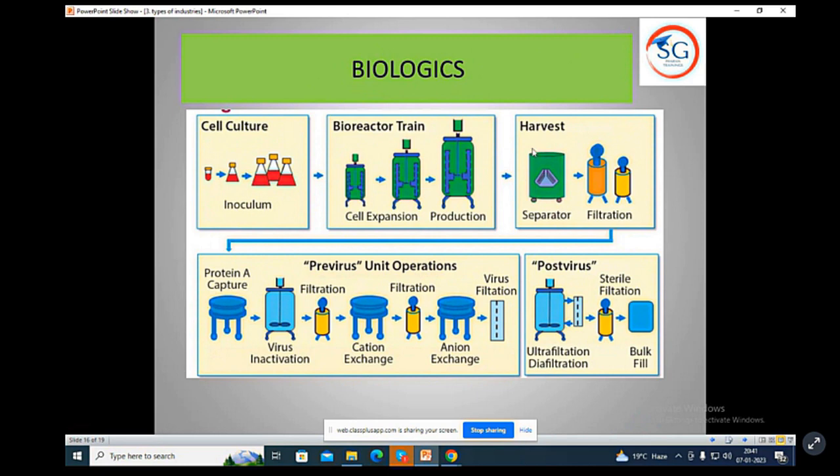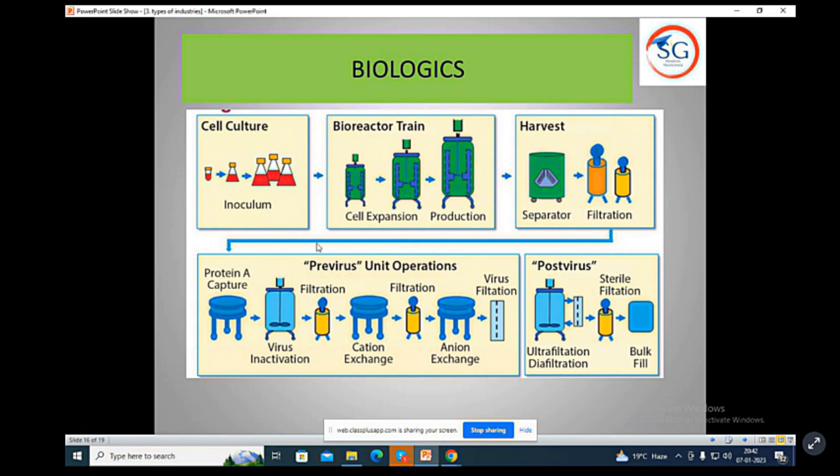What is meant by harvesting? Harvesting is taking the required amount of virus from the production containers or vessels, and you should filter it or separate the required thing from the unwanted cell materials. This is called harvesting of the virus.